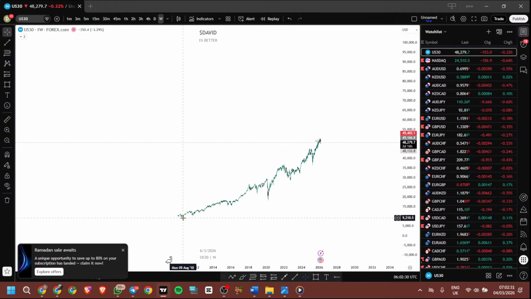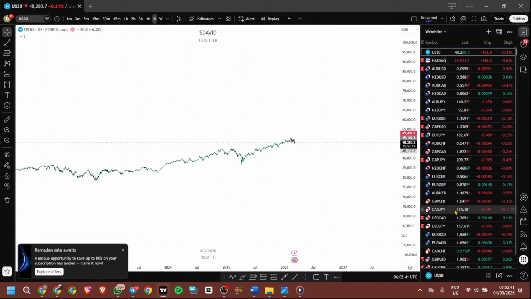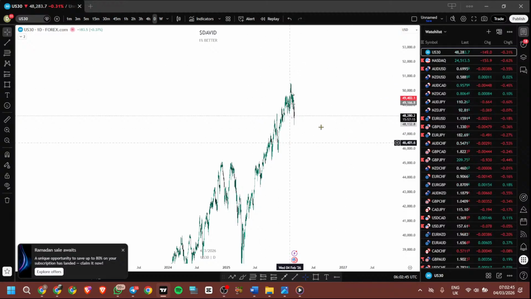So for weeks since 2010, USDT has been buying. On the daily time frame, it doesn't really shift, right?